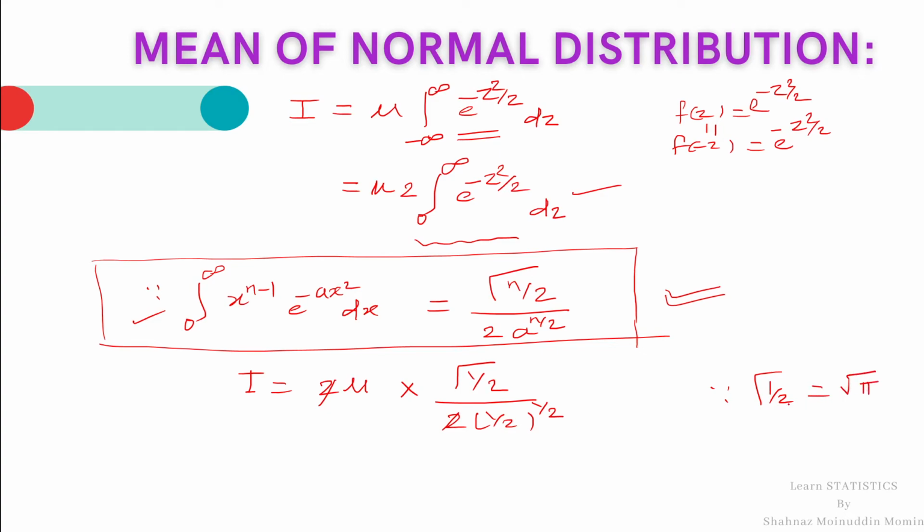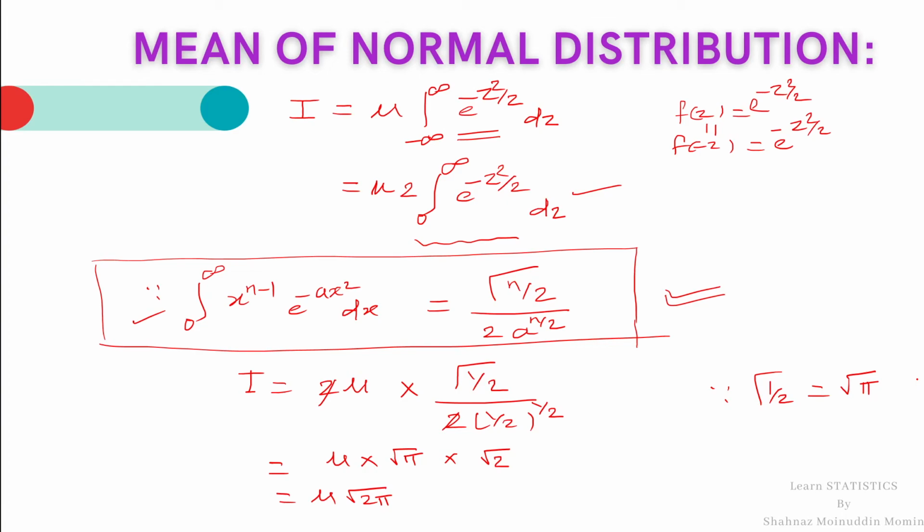We have already learned in gamma functions in the subject mathematics. Students may refer to that topic for more detail, which is equal to mu into under root pi into under root 2, which is equal to mu under root 2 pi. This is the value of the first integral.